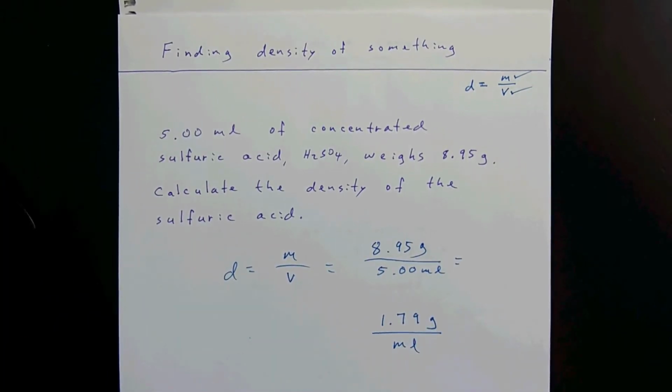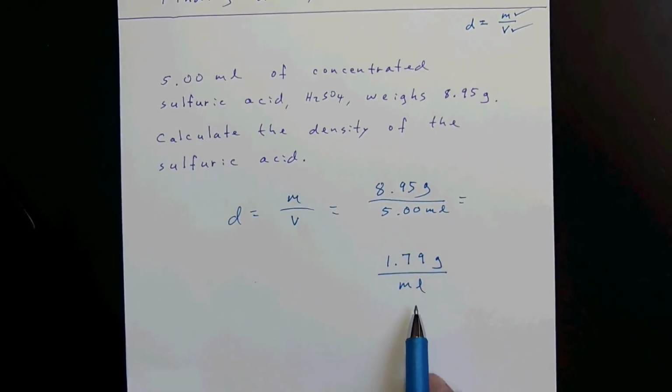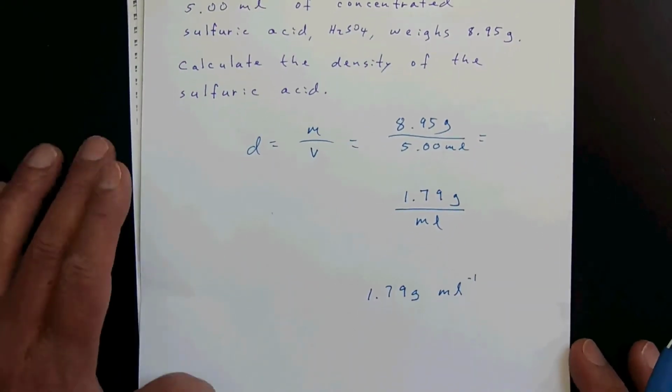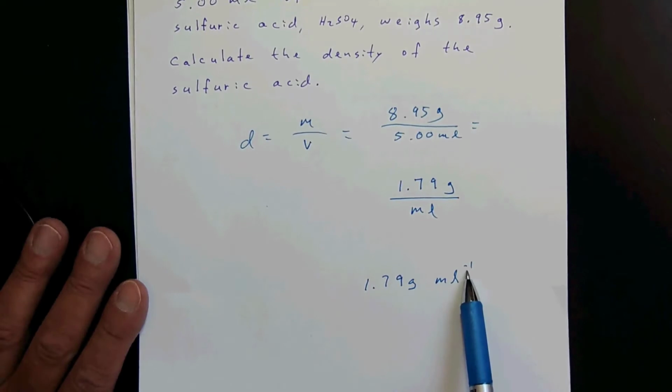milliliter. Now, just so you know, you can write this answer this way. You'll sometimes see it written this way: 1.79 grams milliliters to the -1 power. Don't let that bug you. You've got to get used to this in the sciences.